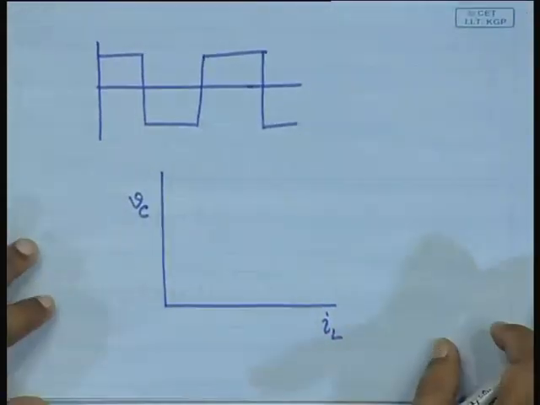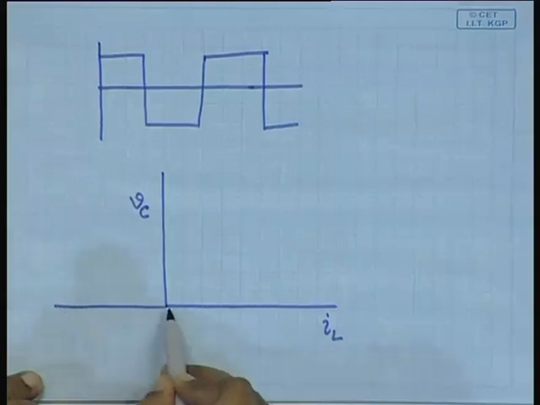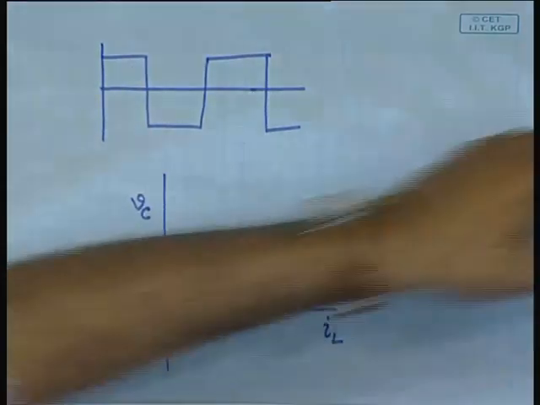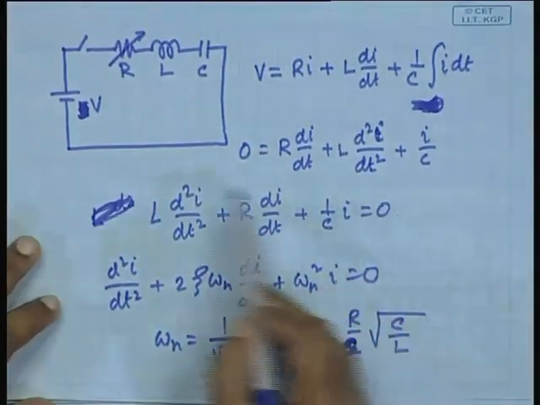So, let us talk about a more important and visually beautiful thing, that is, what happens if it is an RLC circuit. In an RLC circuit, if you apply a voltage like this, where is the RLC circuit equation? It was here. The RLC circuit equation is this.